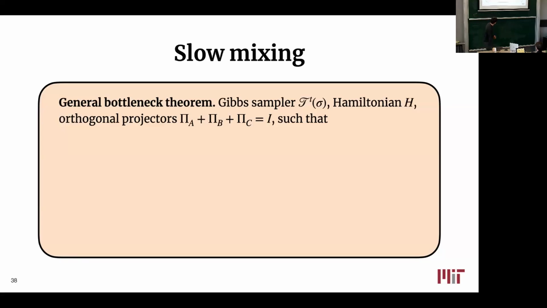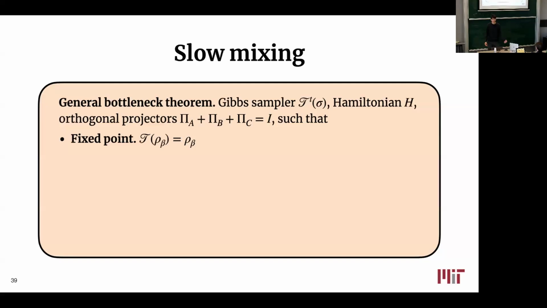So the ingredients are the Gibbs sampler applied t times, the Hamiltonian, and then I'm going to make our regions these projectors. They're going to be orthogonal, so the trace of pi A pi B is 0, for example, and they're all going to sum to identity. We're going to make several assumptions.